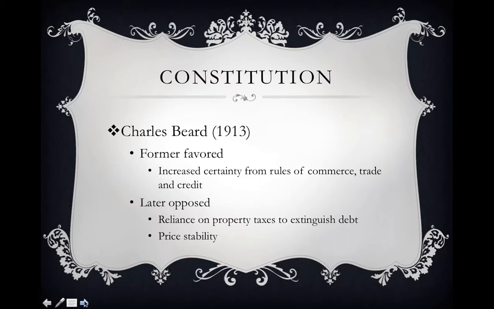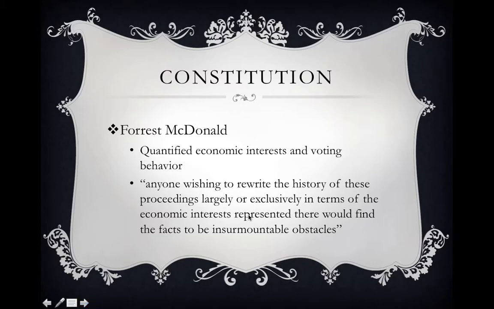All right, I already went over those. One individual, remember this Forrest MacDonald, because he was one of the first people to quantify the voting behavior of individuals who voted on the Constitution and their economic interests.